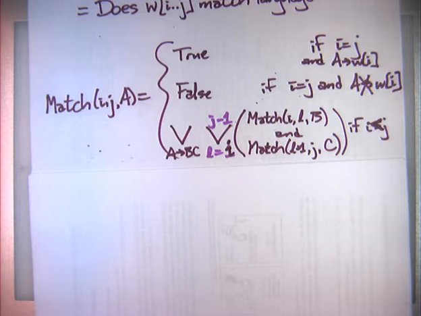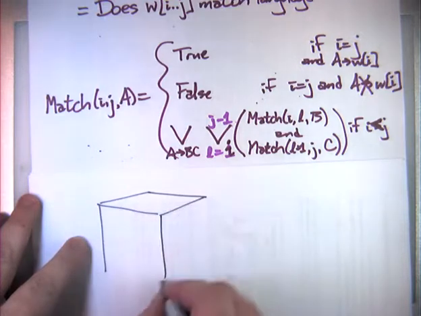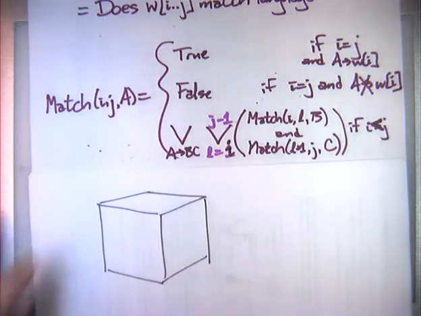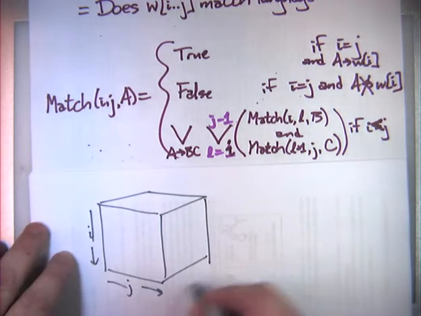A 3D array, not a 2D array. Somebody asked me, is it always a 2D array? No, because sometimes you have 3 parameters. So you're going to memorize this into a 3D array, indexed by i, by j, and by A.